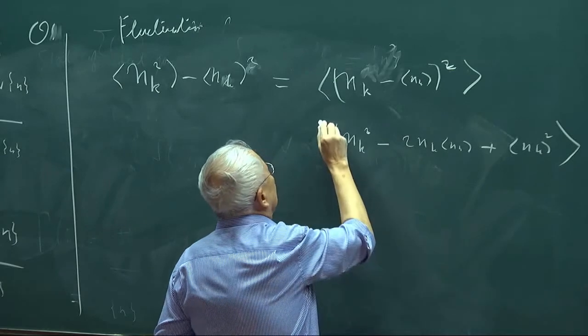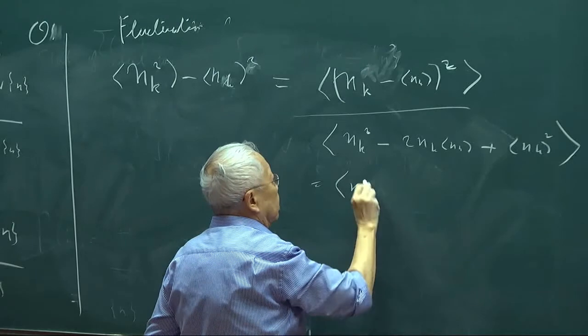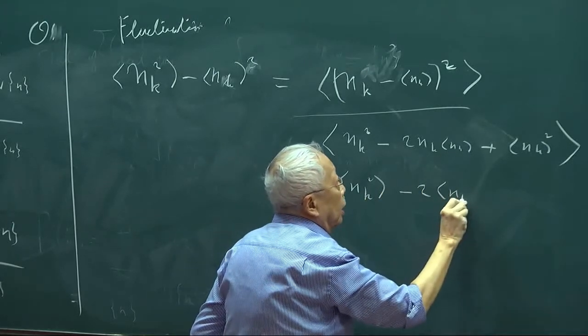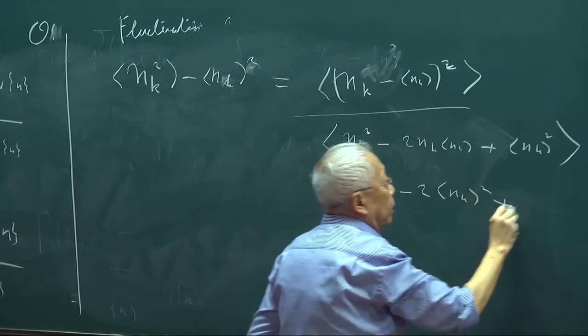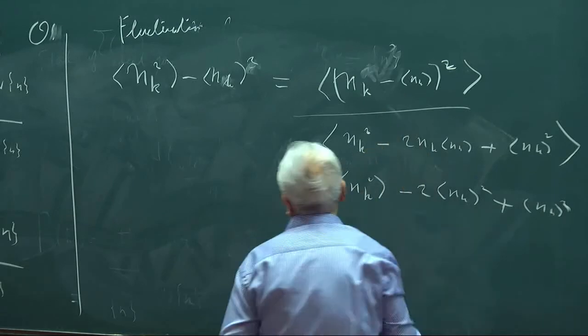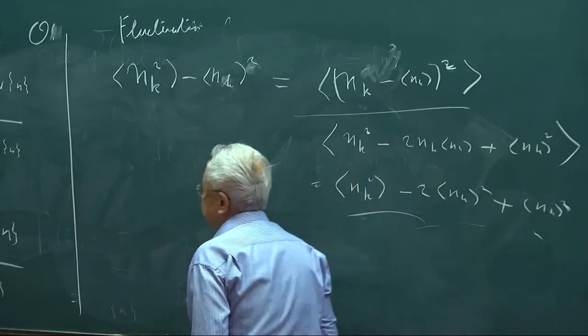So the first term will be nk squared average. Here, this is a number, so you put it out, so it's minus 2 nk average squared plus nk average squared. So this cancels, so you get back. So you can write it either this way or this way.